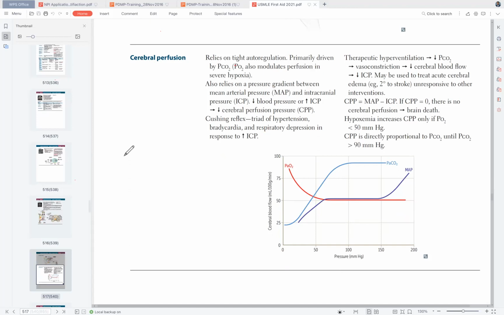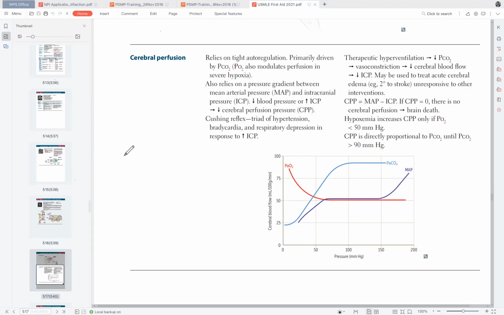It's vasoconstriction, right? If you have hypoxemia, reduced oxygen, then probably vasoconstriction. But if you have a lot of PCO2, hypercapnia, then you have vasodilatation.